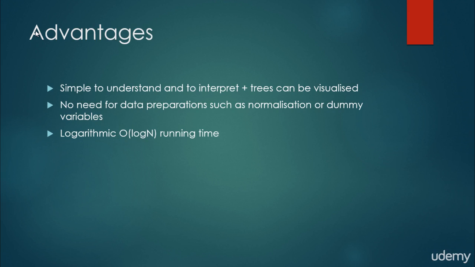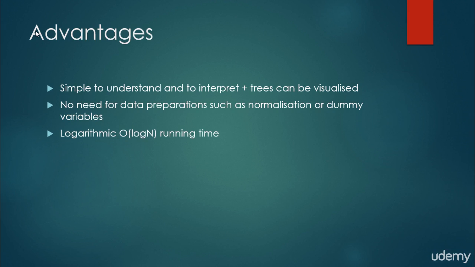Usually in machine learning, normalization means that we have to normalize the data, so we have a data set and we have to divide each of the elements by the highest value, for example, or we have to calculate the mean and standard deviation of the data and divide by the standard deviation and something like that. That's why decision trees are very convenient, because we don't have to do anything like that.